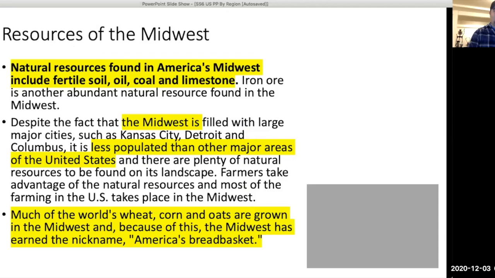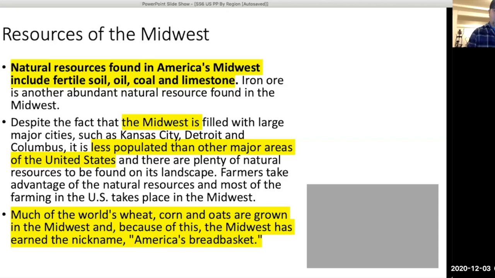Right, so resources of the Midwest. Natural resources found in America's Midwest include fertile soil, oil, coal, and limestone. Iron ore is another abundant natural resource found in the Midwest. Coal is actually a huge one.